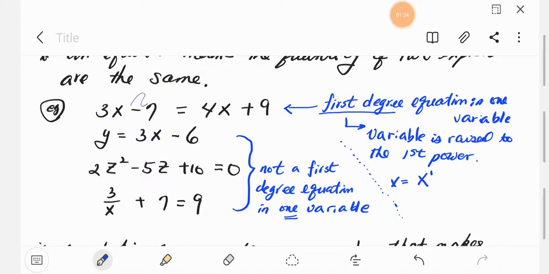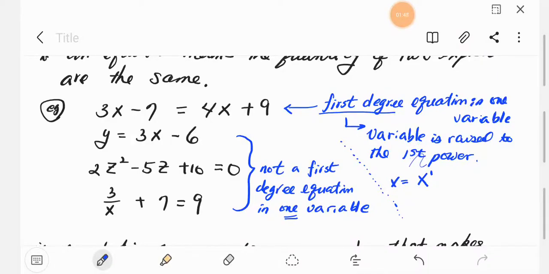Look at the first expression. The first expression has only one variable, x, and the exponent of this variable x is 1. Then we call it a first degree equation in one variable.